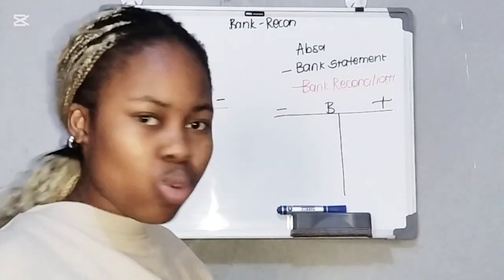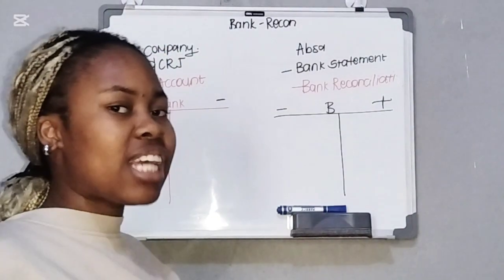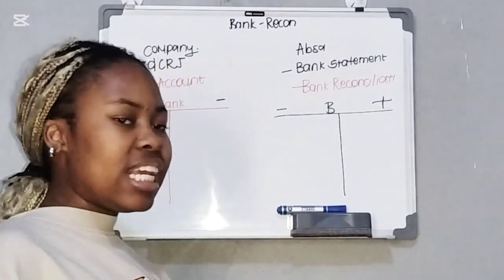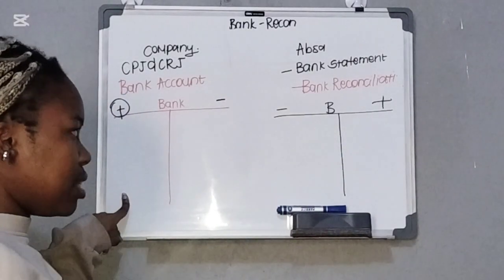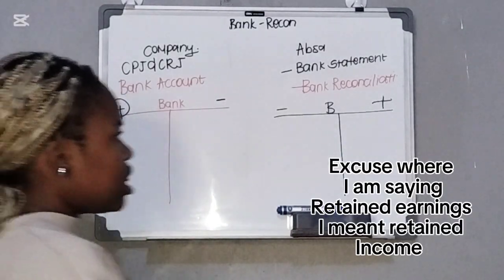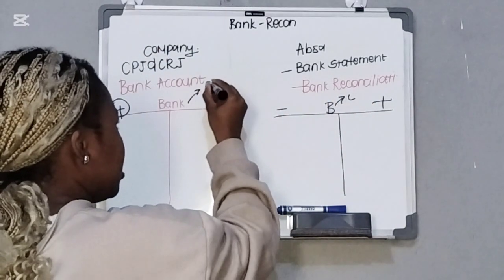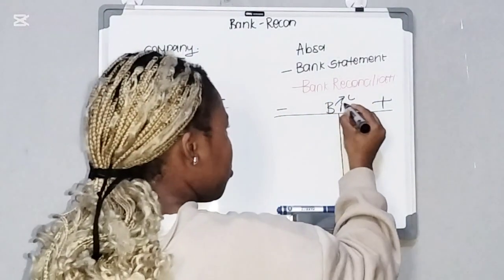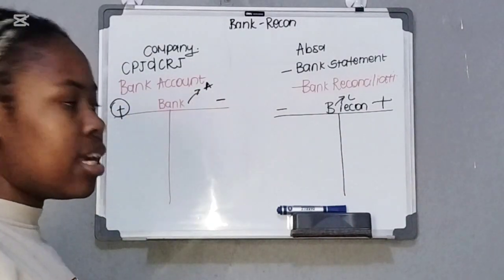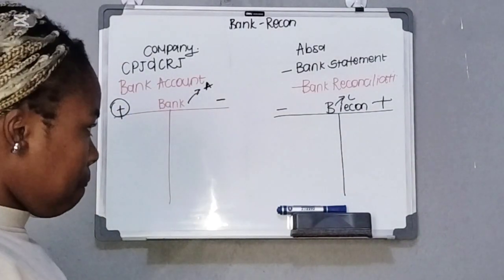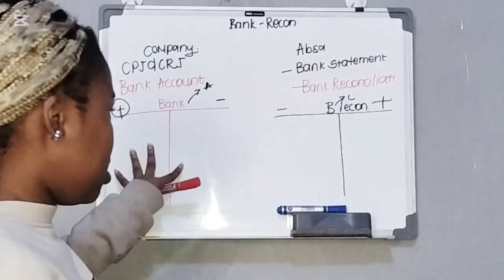This says to us that we are correct with saying the bank reconciliation statement actually has an increase on the credit side and bank has an increase on the debit side, right? Now, this is a liability. This would be an asset. Just so you don't confuse them. This would be the liability.